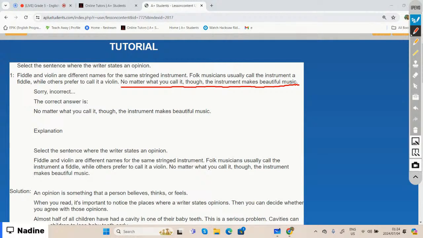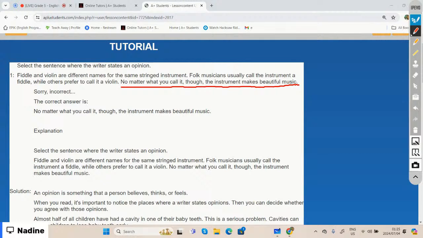This is the name and we are sticking to that name. That is usually what they think or believe. But the writer says that no matter what you call it, you can call it a fiddle, you can call it a violin, the instrument makes beautiful music, right?